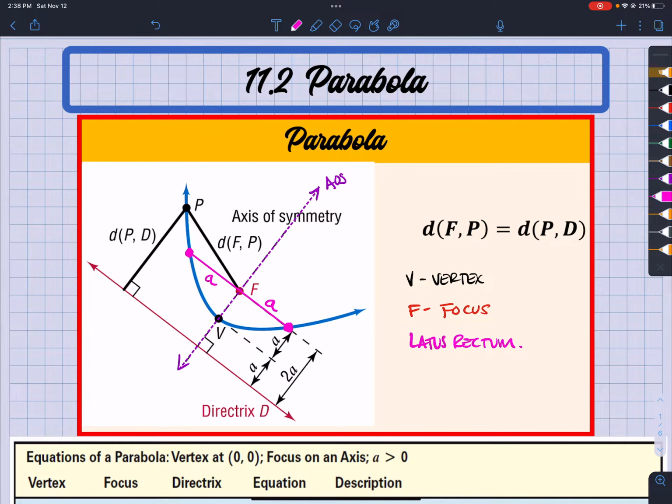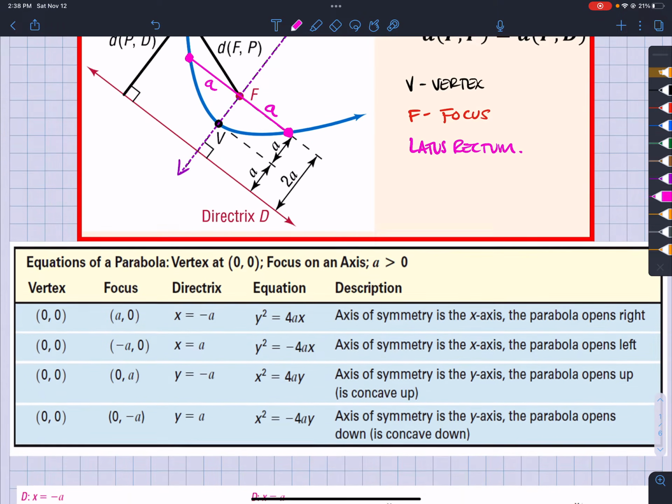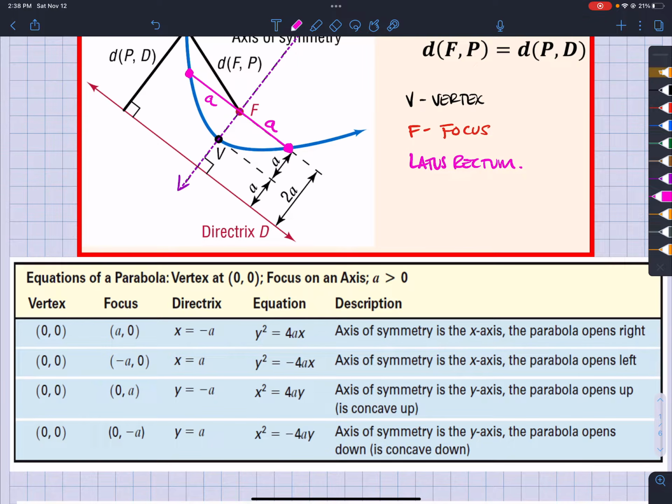Okay, so when you look at this, it all depends on which way it's facing, right? If we have y squared is equal to 4ax, since the y value is squared, that means it's either going to open left or right.